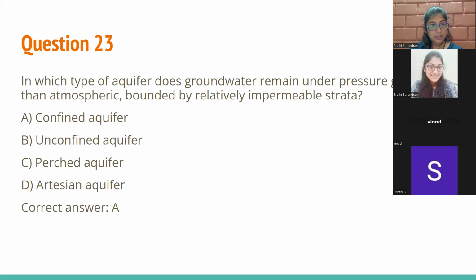Okay, I can understand the confusion in this answer. I think partition aquifer is also right. Confined aquifer is nothing but partition aquifer. So let me again confirm why this answer is being provided, and if there's any change, I'll make the changes in the presentation and provide it. So it can be either A or D.